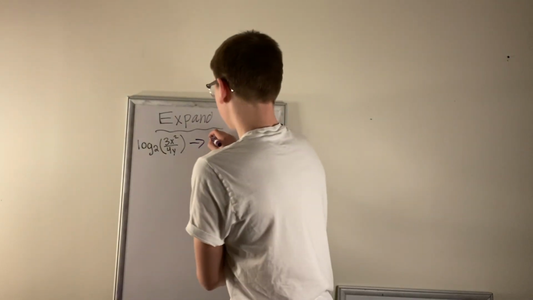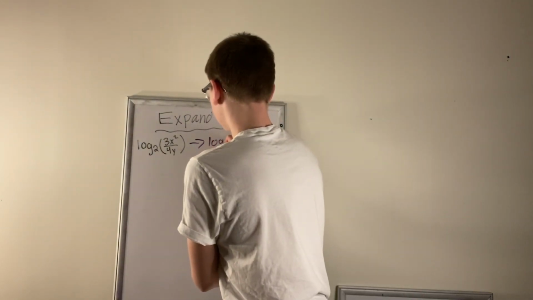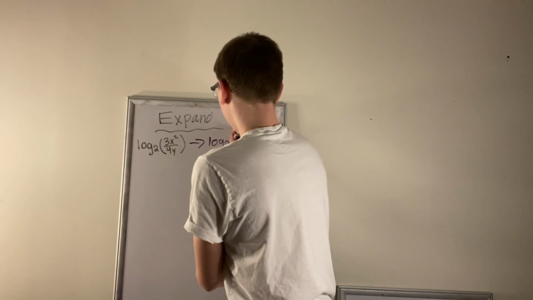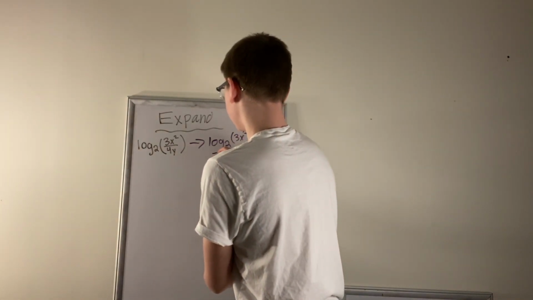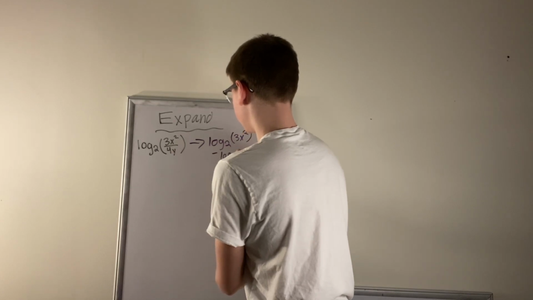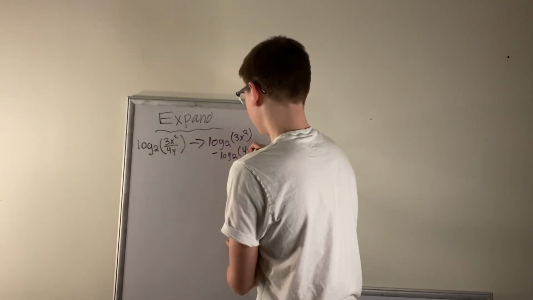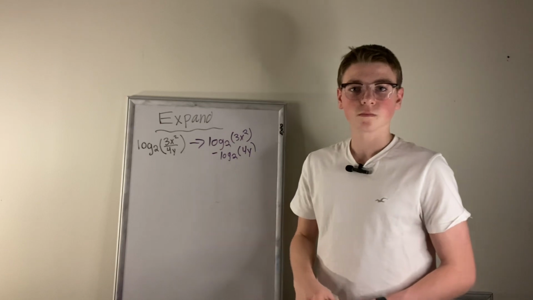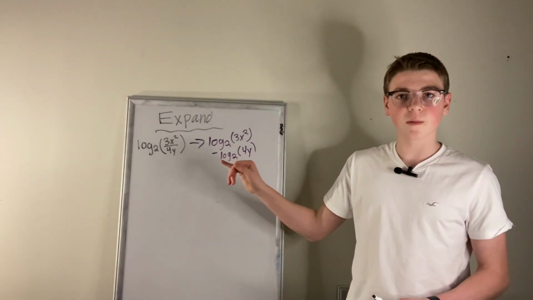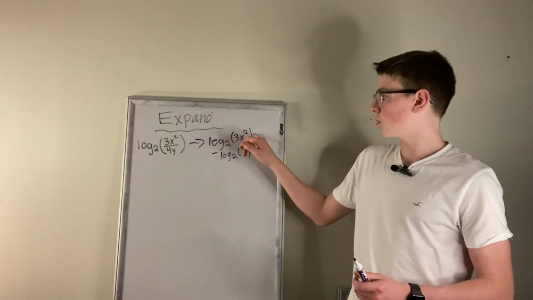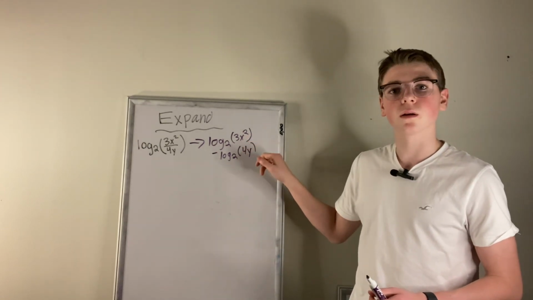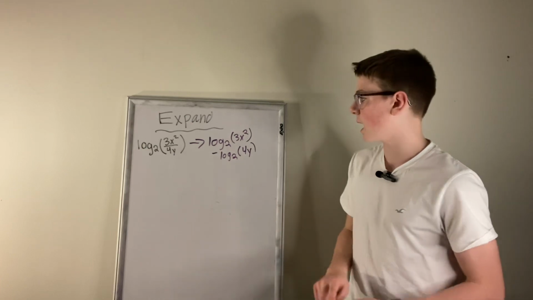Well, it's log base 2 of 3x squared minus log base 2 of 4y. So one log minus a log of the same base is those two divided by each other, so we just do the inverse of that.